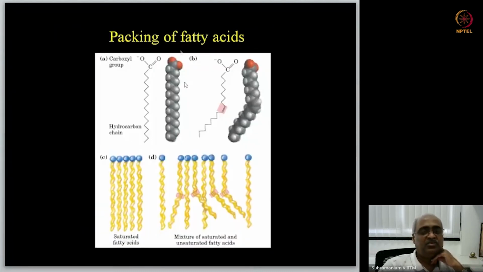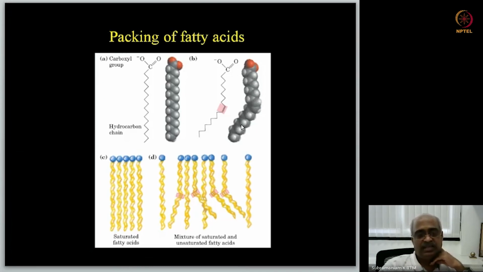Okay, so this gives you the space filling model, perspective diagram. And when you have a double bond, the rotation between these 2 carbons is restricted. As a result, you have a rigid orientation of the 2 sides of the chain, leading to a fixed rigid structure like this.